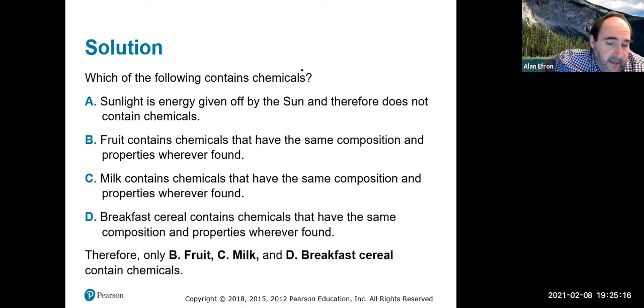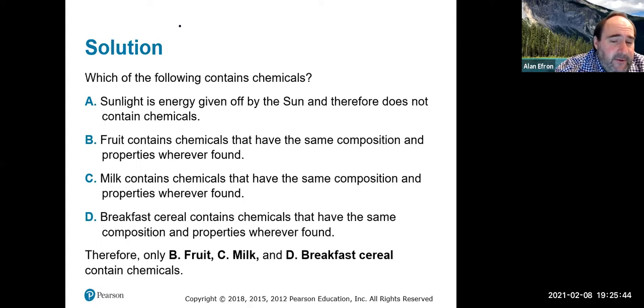Some citrus fruits, for example, have citric acid in them and other chemicals as well. So chemicals are found in a wide variety of things, in different forms and in different compositions. We might have more of one chemical in something than in something else.